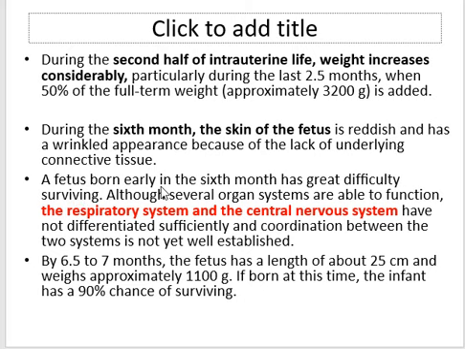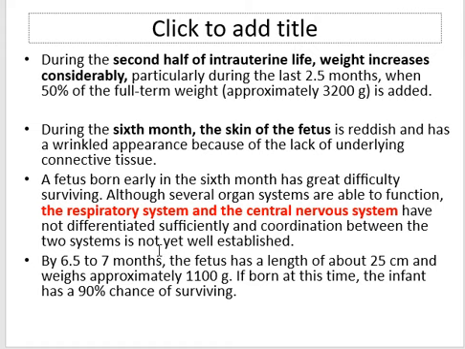A fetus born early in the sixth month has great difficulty surviving, although several organ systems are able to function. The respiratory system and central nervous system have not differentiated sufficiently, and coordination between the two systems is not yet well established. So, at this stage, if the fetus is born, it will not survive.